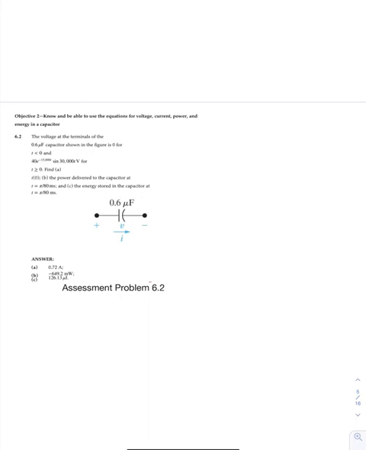All right. The voltage at the terminals of the 0.6 microfarad capacitor shown in the figure is 0 for t less than 0. So voltage is 40 e to the minus 1500 t sine 30,000 t for t greater than or equal to 0.